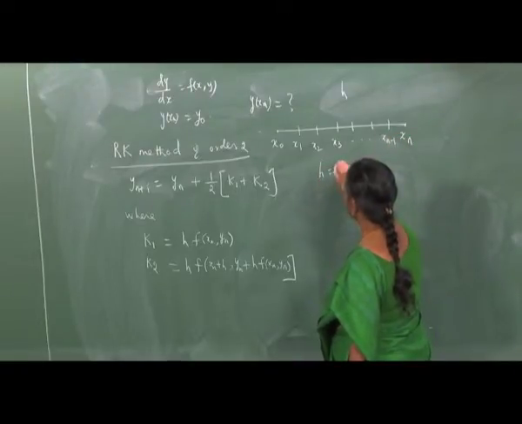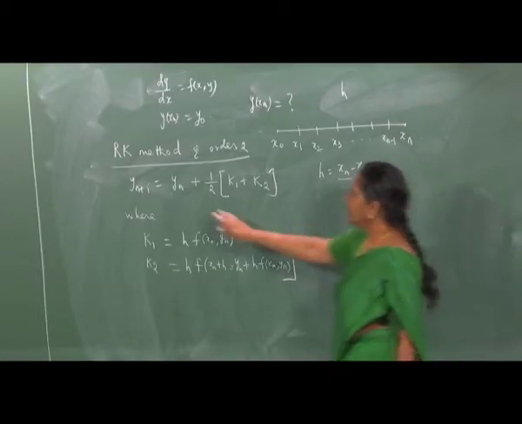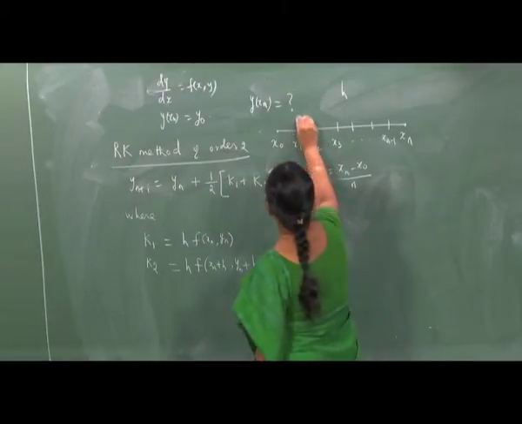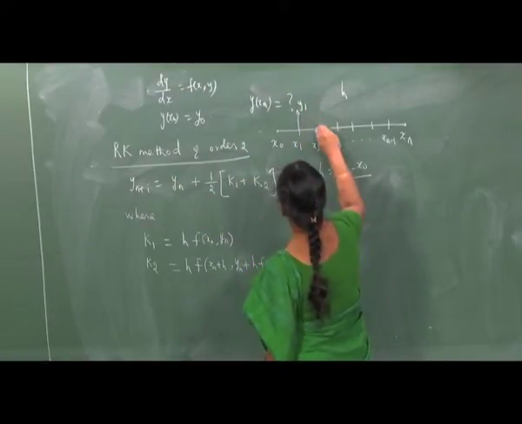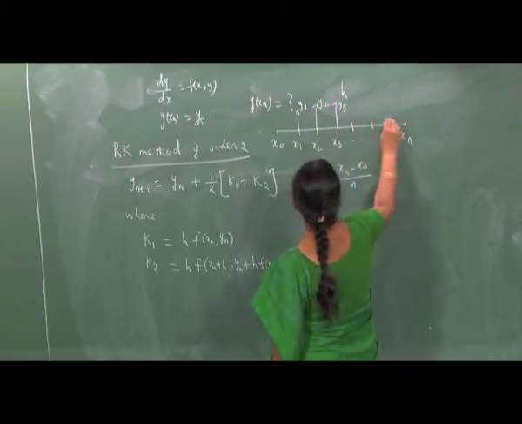So, that h is xn minus x naught divided by n, and obtain the values at x1 which we call as y1, at x2 y2 and so on.